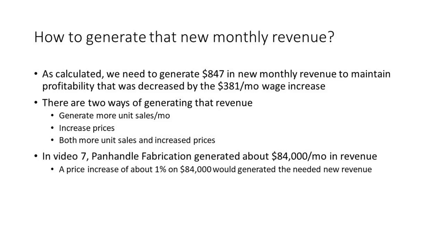So on their monthly revenue, they need a price increase of about 1% to get the revenue they need in order to maintain their profitability. Likewise, they could consider a unit sales increase of 1% per month, and that would do the same thing.